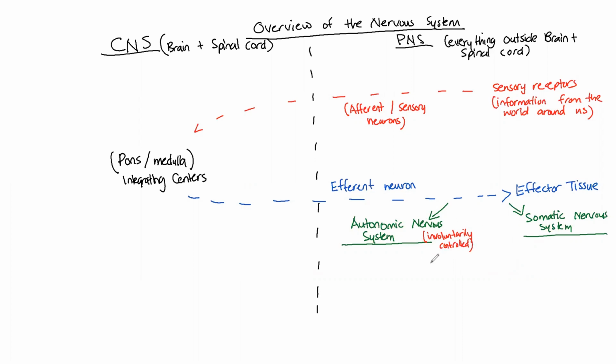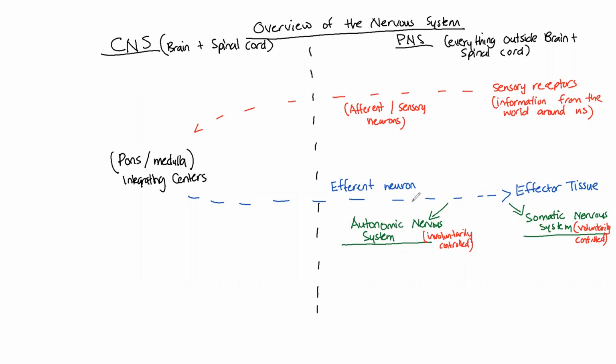In other words, I cannot make conscious decisions about what my autonomic nervous system is doing, whereas my somatic nervous system is voluntarily controlled.